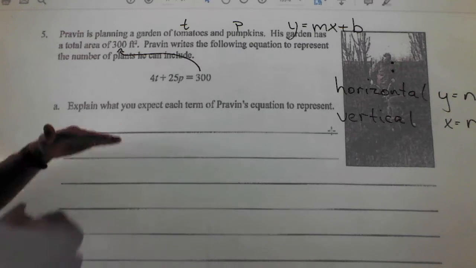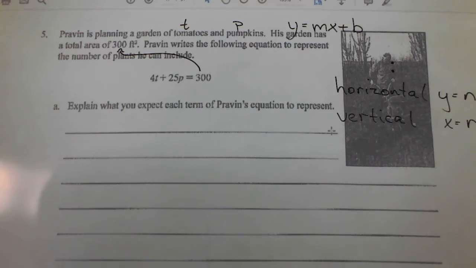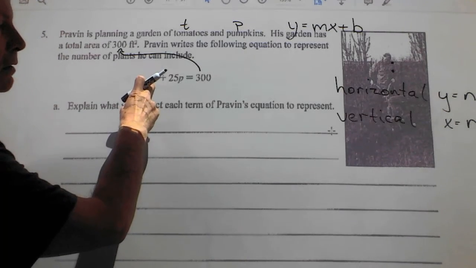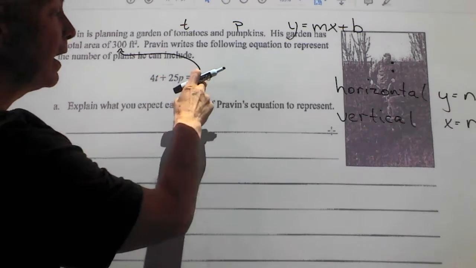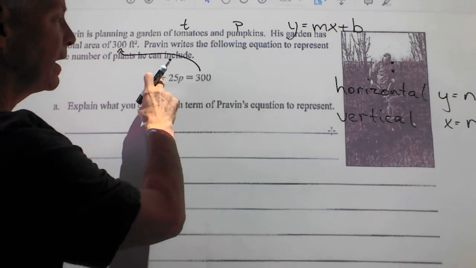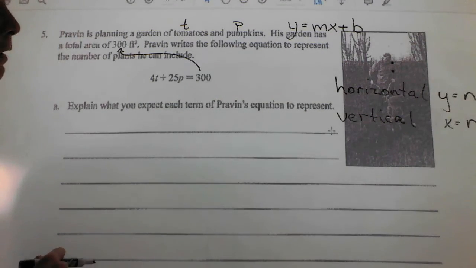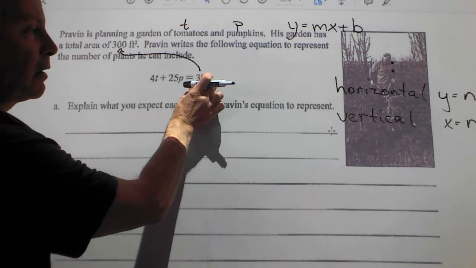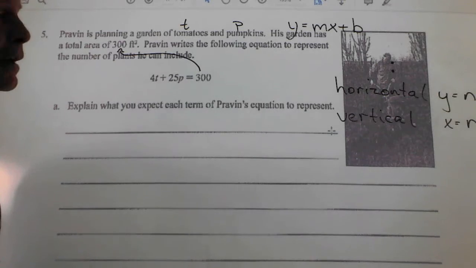So, explain what you expect each term of Pravin's equation to represent. Well, we've got some amount of tomatoes and some amount of pumpkins, and all together they add up to 300 square feet. So, if we're talking about an area here, and we're adding these things together, they have to be like terms.